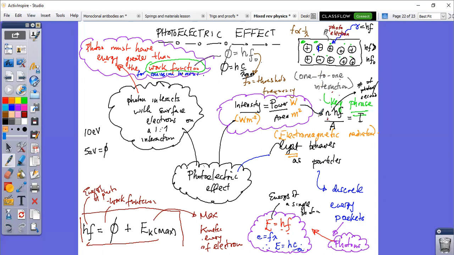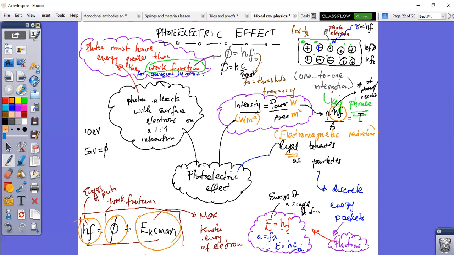However, because the energy of the photon is still the same, hf, and the work function is still the same, EK max remains unchanged.